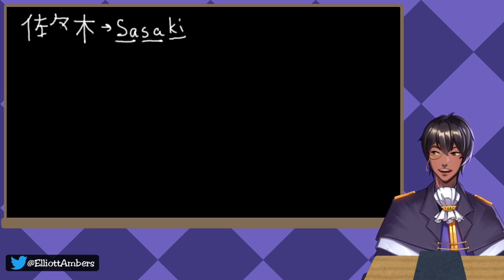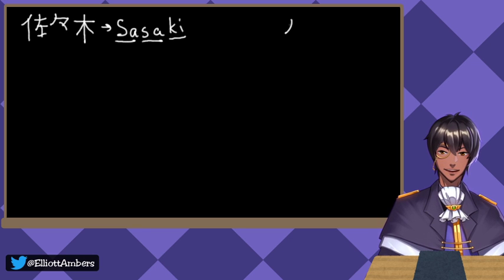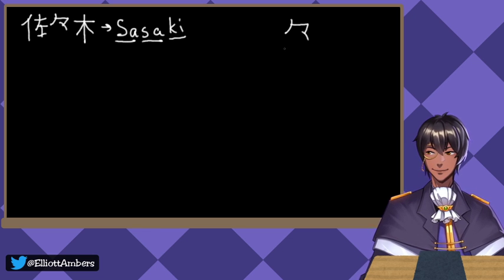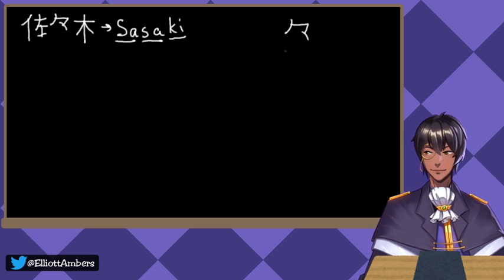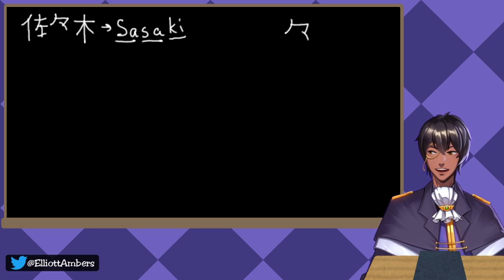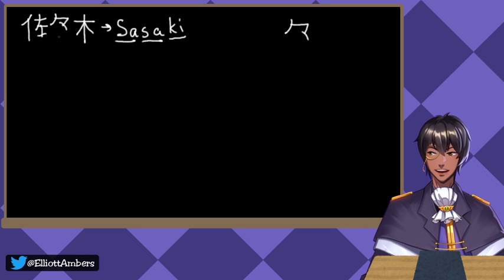Just as a general note, this central character here in the name, this kanji that looks like this, what this means, essentially, is that you repeat the sound of the kanji that came before it. So if this is sa, this first character here is sa, Sasaki. Essentially, it gives an emphasis on whatever kanji you're using before it.